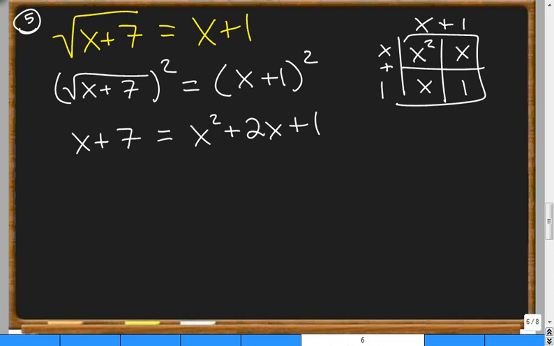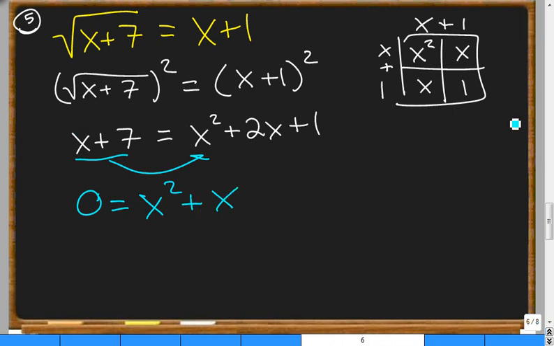Well, you may say that's not making things very easy, but you can see that this is going to be a quadratic equation. We just have to set it up for ourselves. We're going to move all this stuff over to the other side. So we're going to get 0 equals x squared. When we subtract the x over, we're going to get just 1x, right?